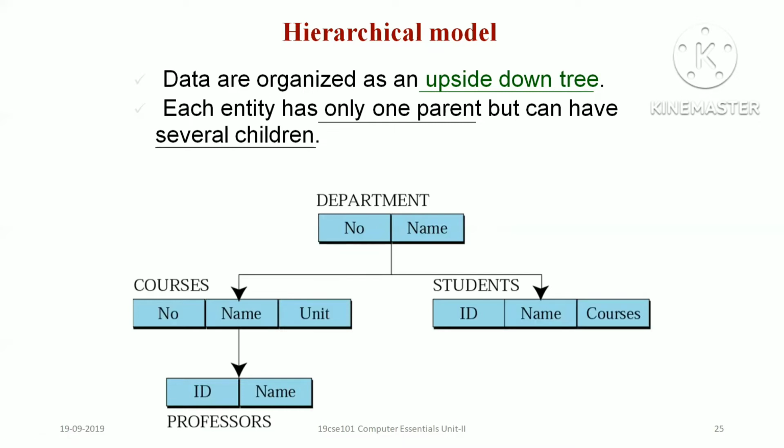The topmost node is called the root, and a higher level node is called a parent node. The lower level node is called a child node. Like in any organization chart, the top is the owner, that is the root. After that, vice president.